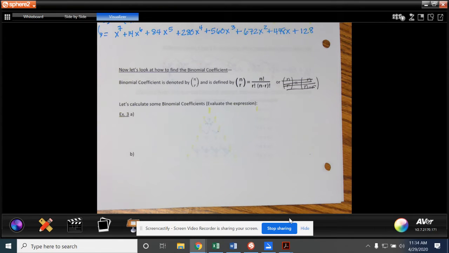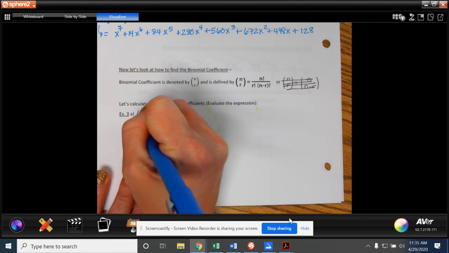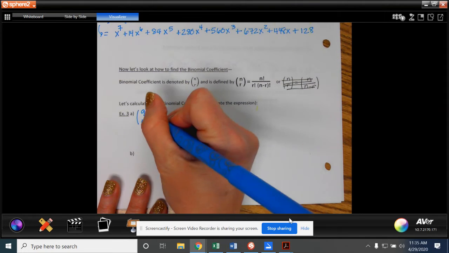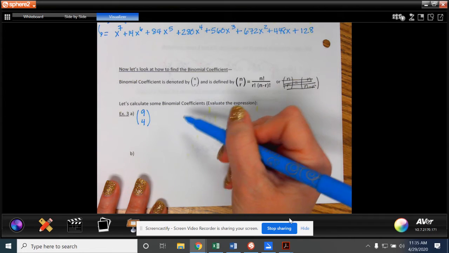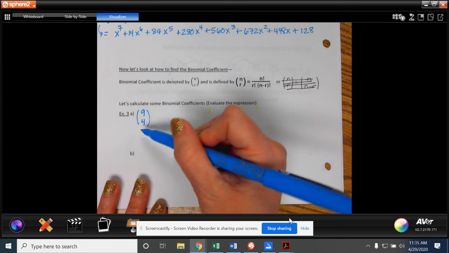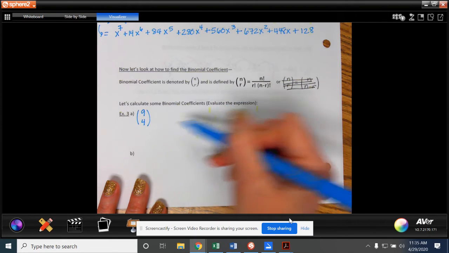So if I give you an item that said, let's calculate the binomial coefficient 9 over 4. Well, the 9 is the n. It's the nth position, so that's the total amount of terms in the row, and the 4 means the position it's in. So the fourth one down.